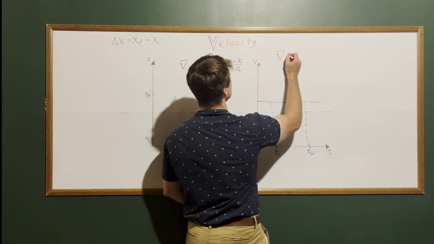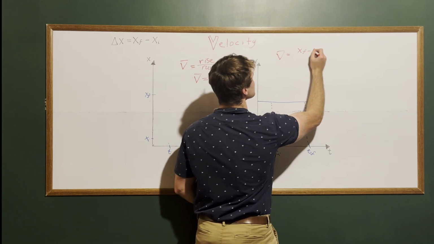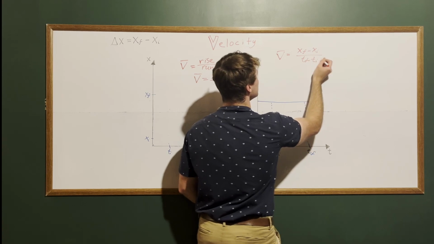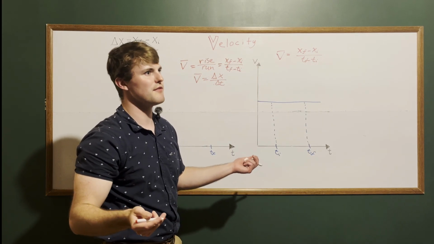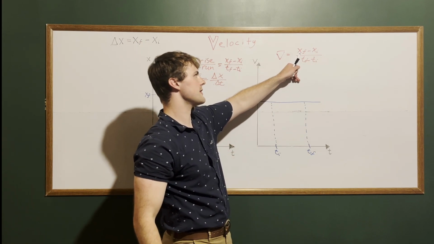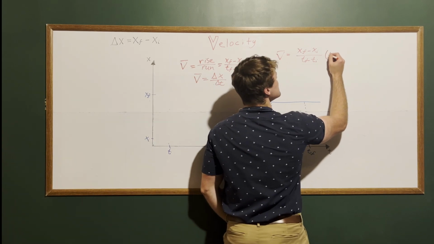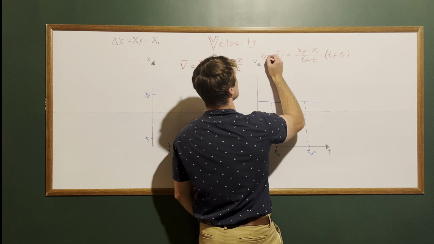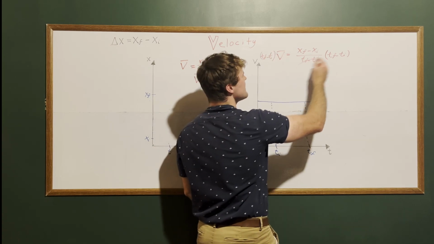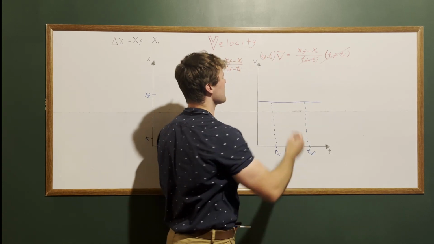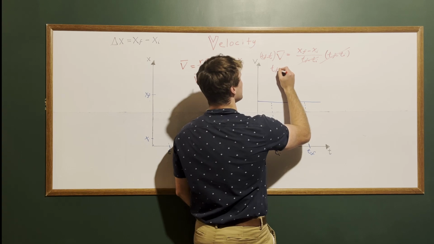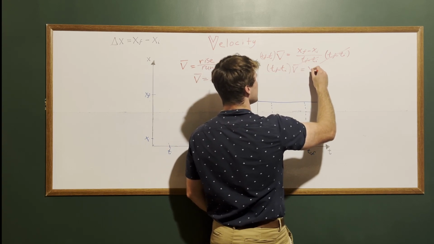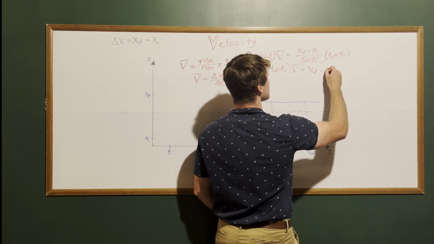V bar equals xf minus xi over tf minus ti. Let's multiply both sides by tf minus ti because we're trying to isolate xf. These two quantities cancel, and we're just left with tf minus ti times v bar equals xf minus xi.